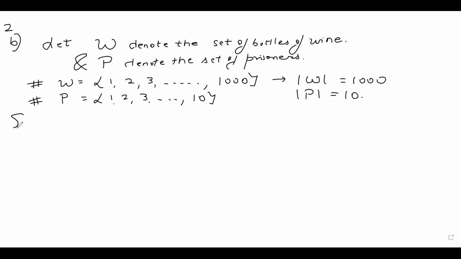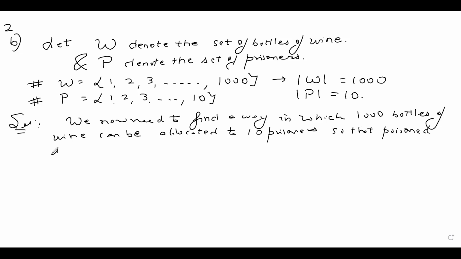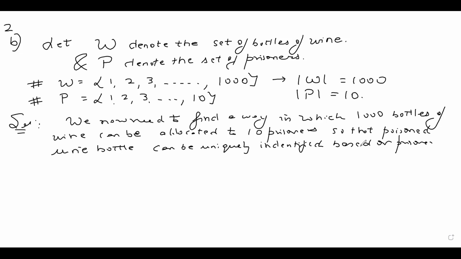Now, what do we need to do? We now need to find a way in which 1,000 bottles of wine can be administered, or allocated, to 10 prisoners so that the poisoned wine bottle can be uniquely identified based on the prisoners who die after 24 hours.